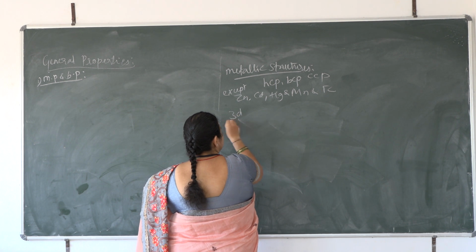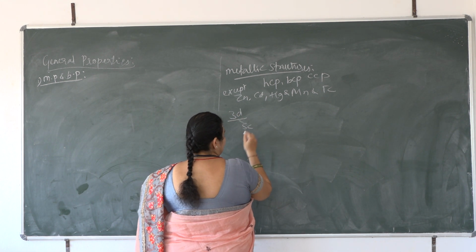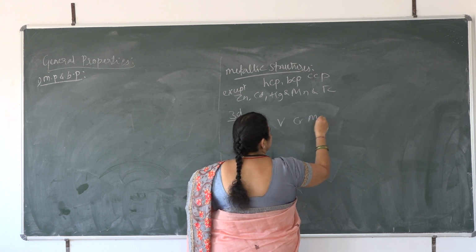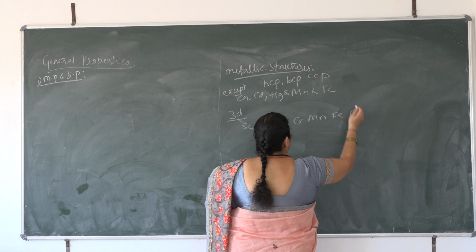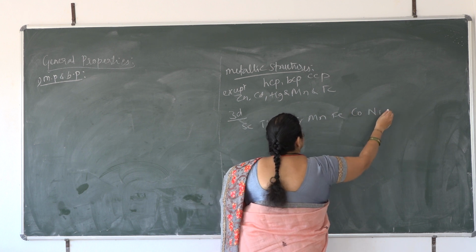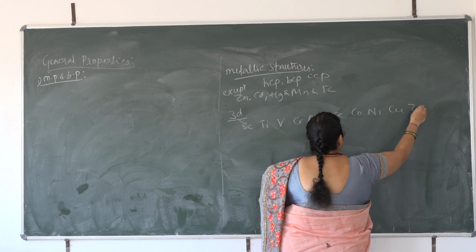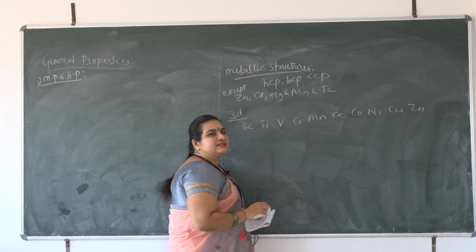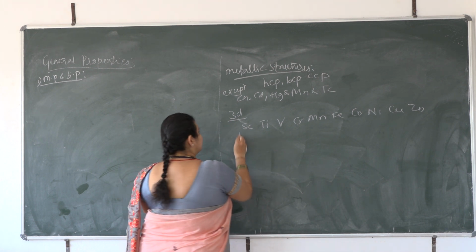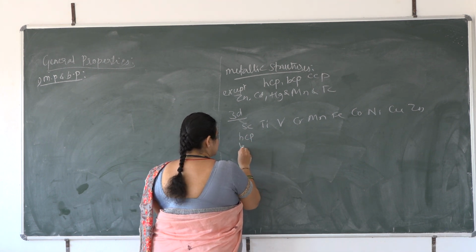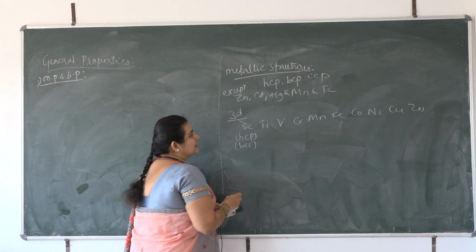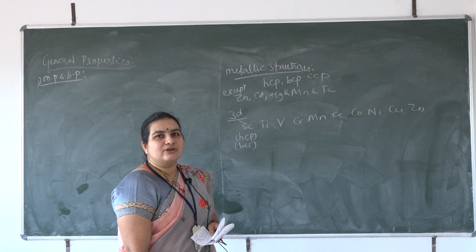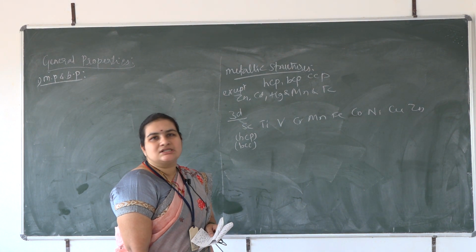In the 3D series, the metallic structure is as follows: scandium, titanium, vanadium, chromium, manganese, Fe, cobalt, nickel, copper, zinc. These are the 10 elements of the 3D series. The metallic character will be HCP, BCC or CCP, which you have already studied in the solid state topic.